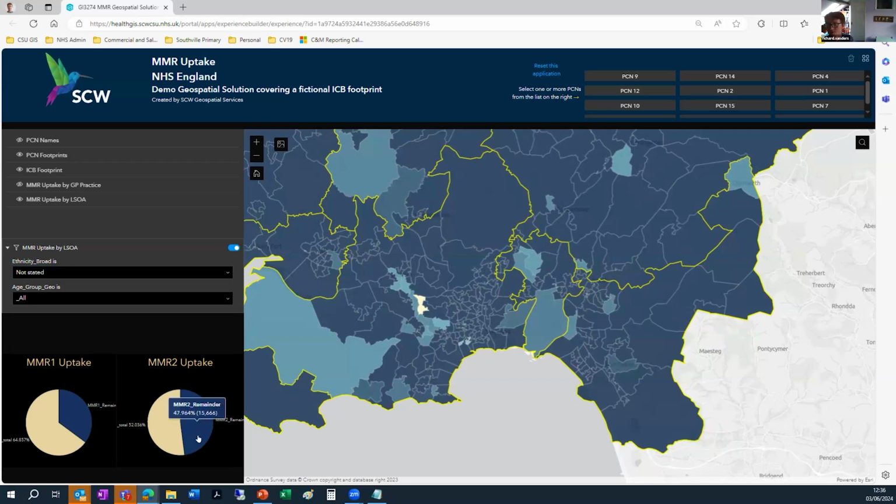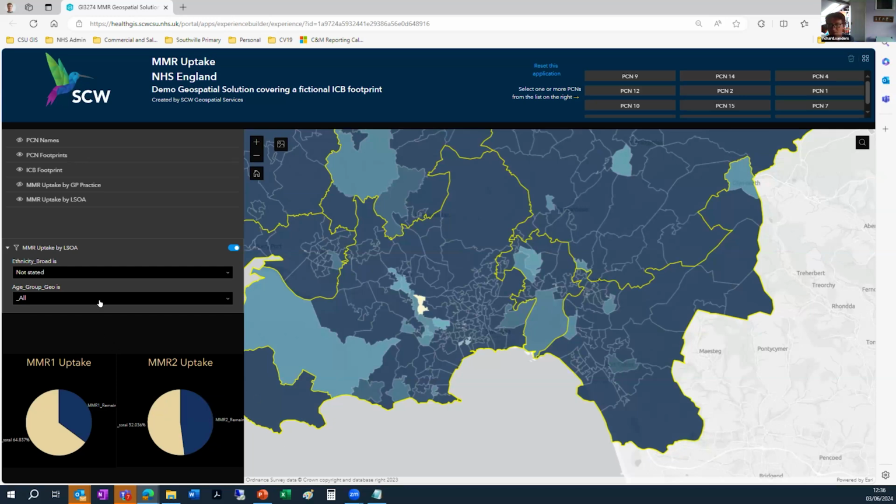It's under 50%. That's very, very low. So it shows you that in certain population groups the rate is really low and they're worth focusing on.